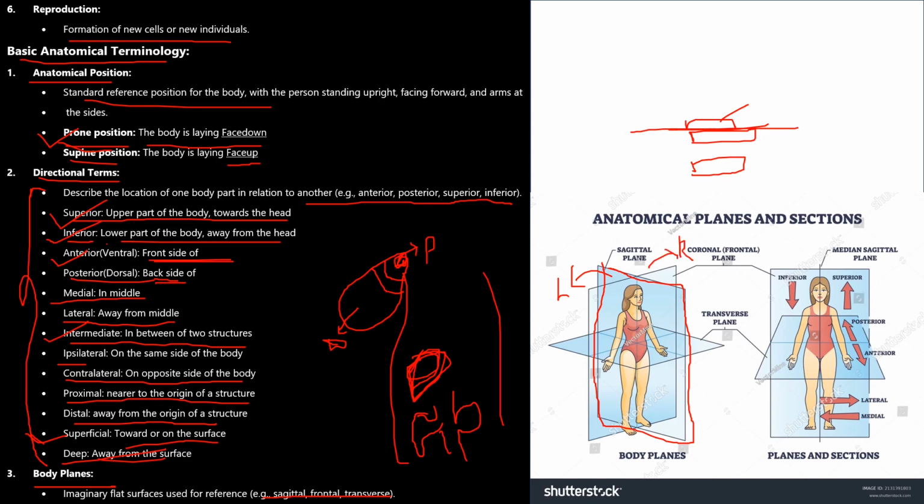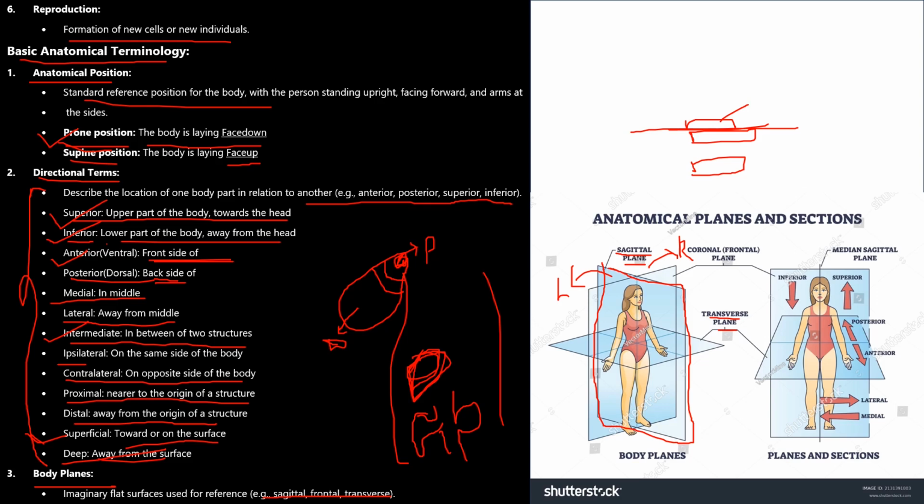The sagittal plane is dividing our body into two equal parts, that is left and right. These are imaginary lines which cut our body into two equal halves, left and right. If it is separating left and right, then it is the sagittal plane. Now next, the transverse plane.